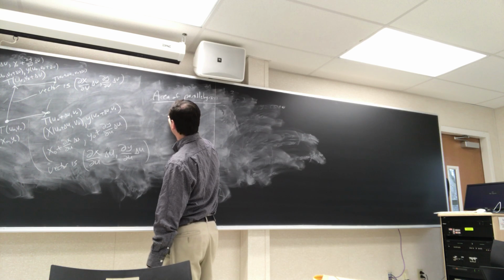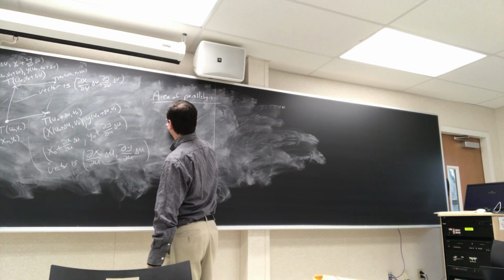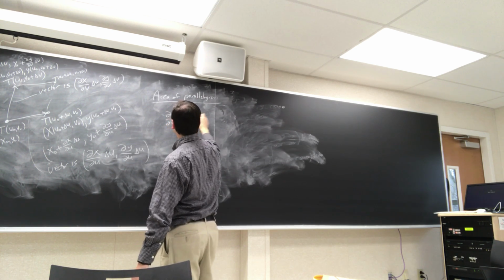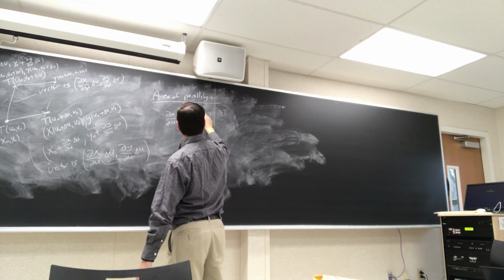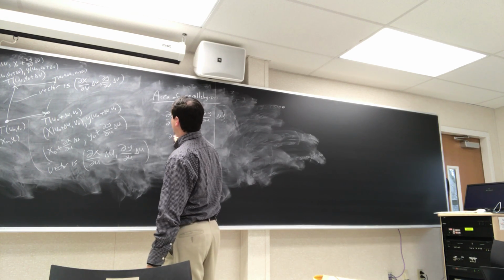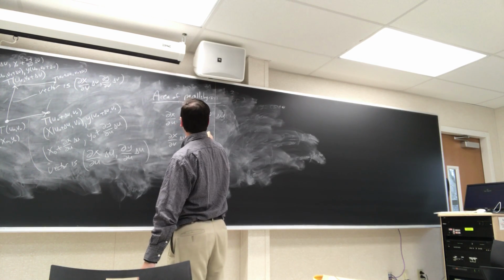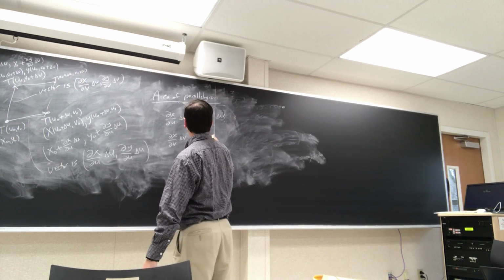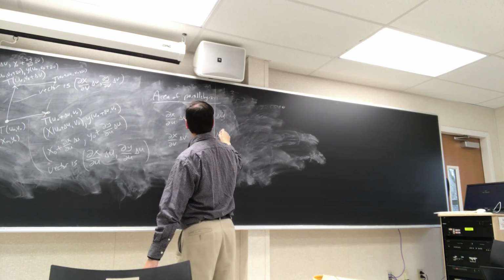So the first vector is partial x, partial u, delta u, partial y, partial u, delta u. The next one is partial x, partial v, delta v, partial y, partial v, delta v.